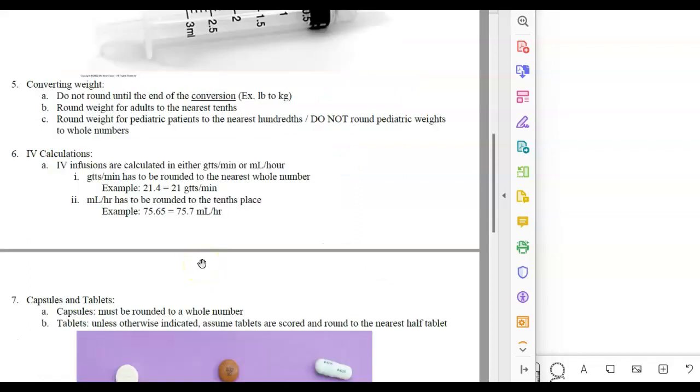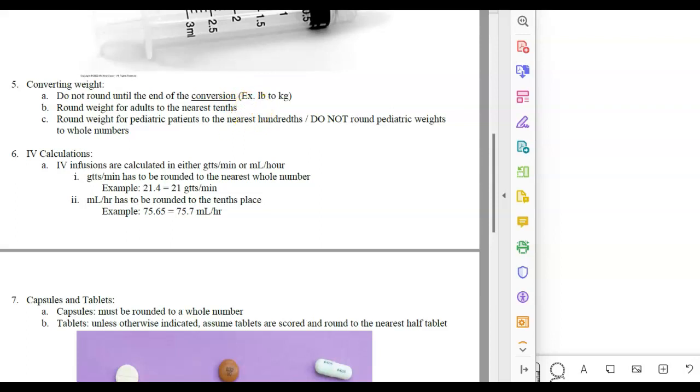Rule number 5, converting weight. A, do not round until the end of the conversion. For example, if you're converting pounds to kilograms, make sure you're done with the conversion and then you can round. B, round weight for adults to the nearest tenth. As I mentioned earlier, for the most part, when we're dealing with adults, you want their weights to the nearest tenth.